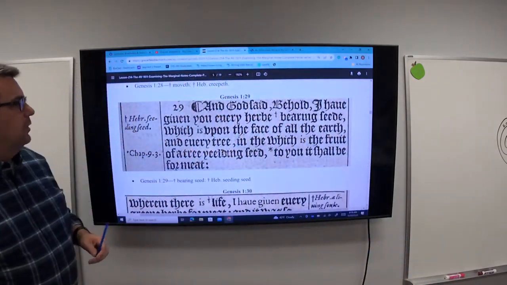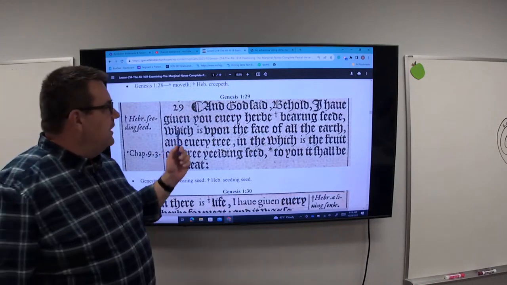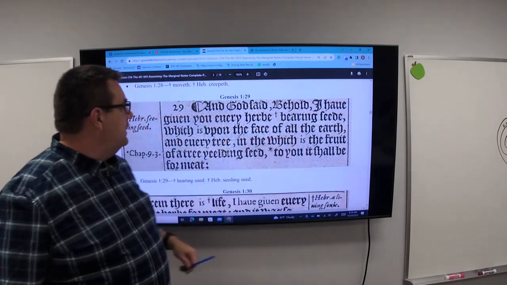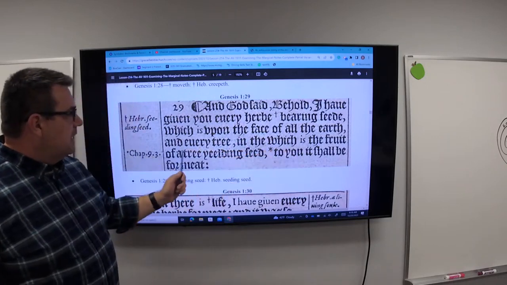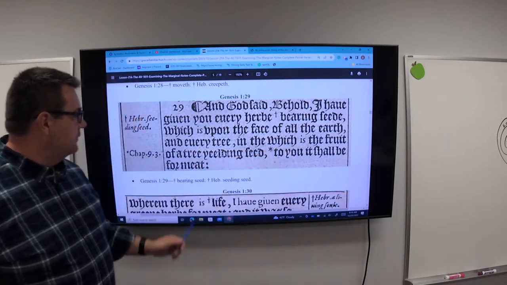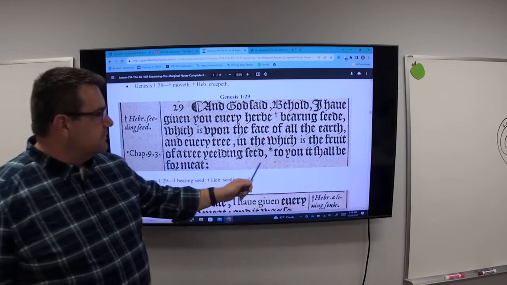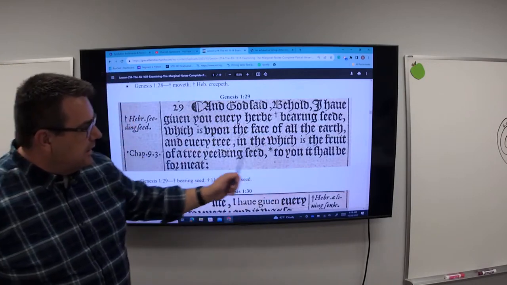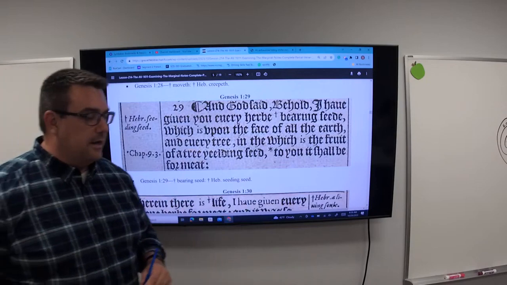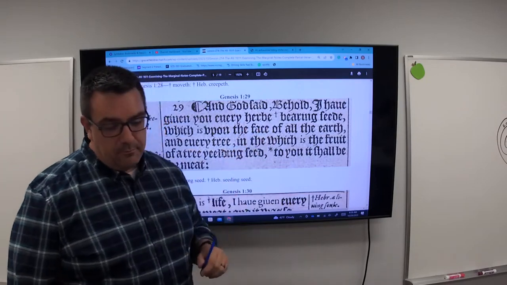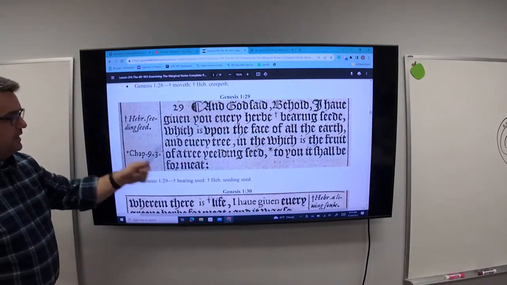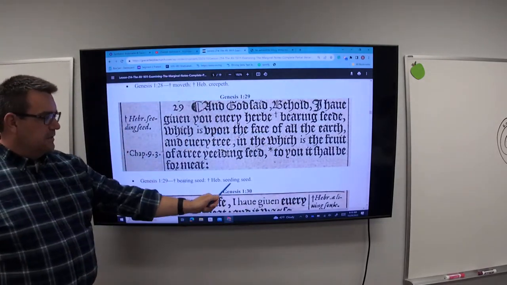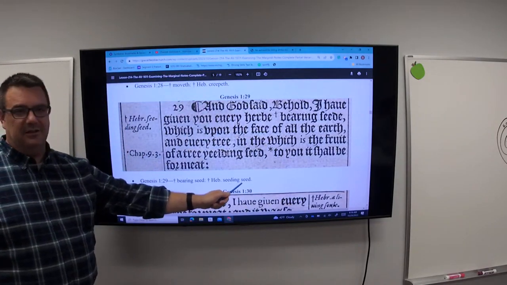And then we have verse 29. And God said, Behold, I have given you every herb bearing seed, which is upon the face of all the earth, and every tree in the which is the fruit of a tree yielding seed, to you it shall be for meat. And then we have the dagger right here at bearing seed. And if you come over here to the margin, bearing seed is seeding seed, literally in Hebrew.